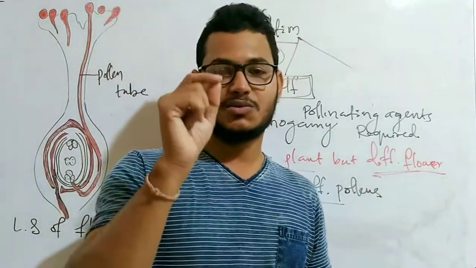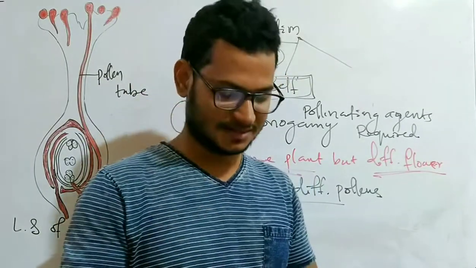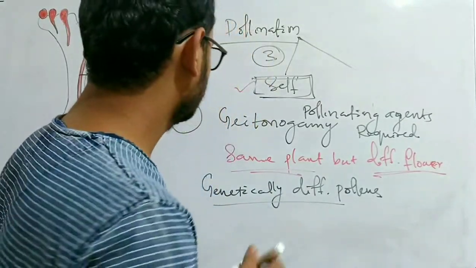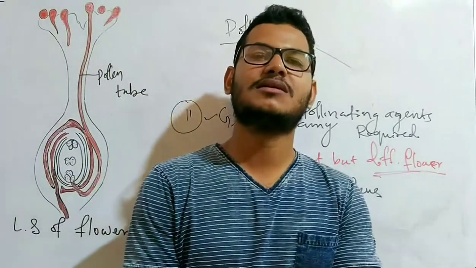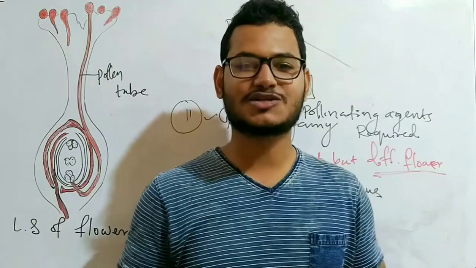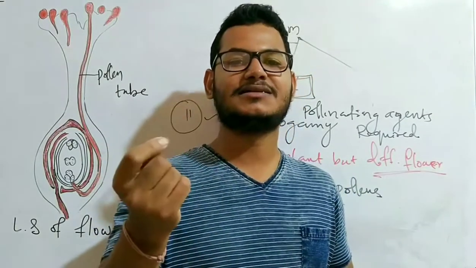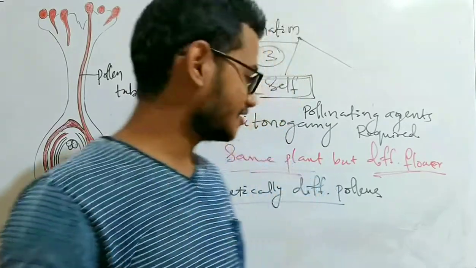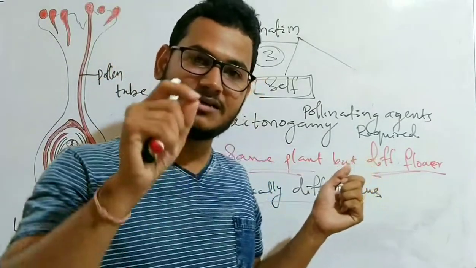One thing we have to note here is about dioecious plants. In dioecious plants, geitonogamy and autogamy, or self-pollination, are prevented, because the flowers are unisexual.